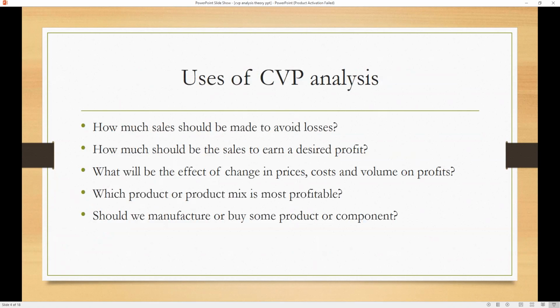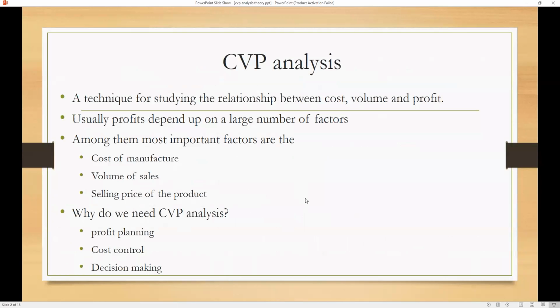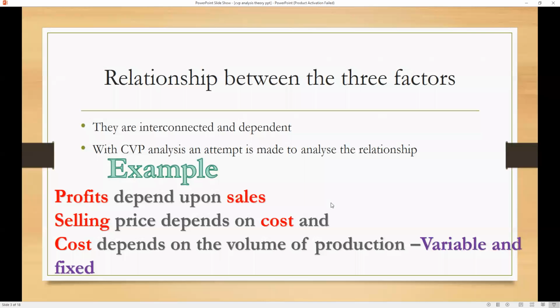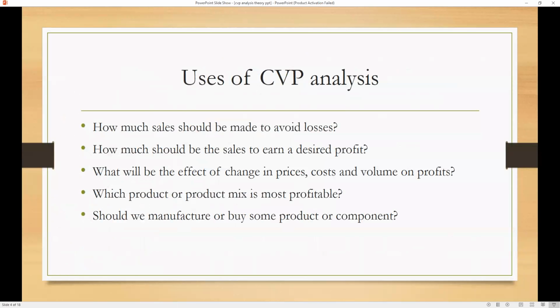Now, what are the uses of CVP analysis? By doing CVP analysis, we are going to go for profit planning, cost control, and decision making. But how? These are the different questions that we answer when we are doing CVP analysis. How much sales should be made to avoid losses? Break-even point. How much should be the sales to earn a desired profit?